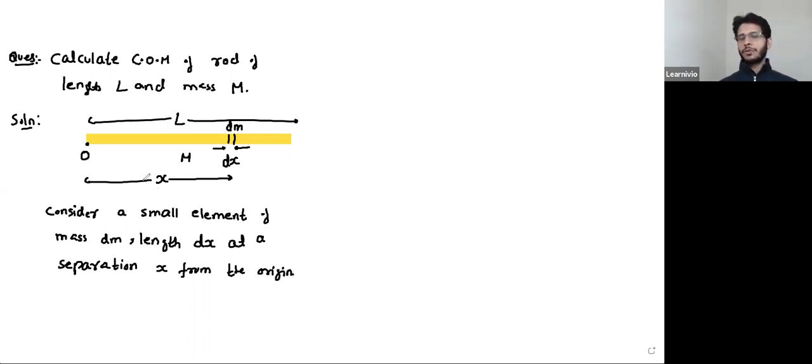So at a separation x from the origin, I consider an element. The mass of the element is dm, the length of the element is dx.